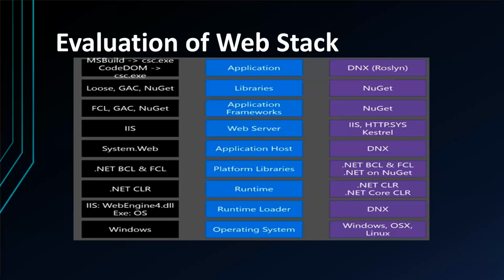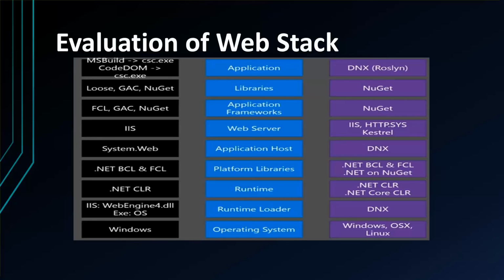Now the runtime is DNX, the .NET Execution Environment. Earlier, .NET supported only the .NET CLR. Now it supports the .NET CLR and the .NET Core CLR as well. For libraries, earlier there were .NET BCL and FCL, and now it supports the same .NET BCL and FCL.